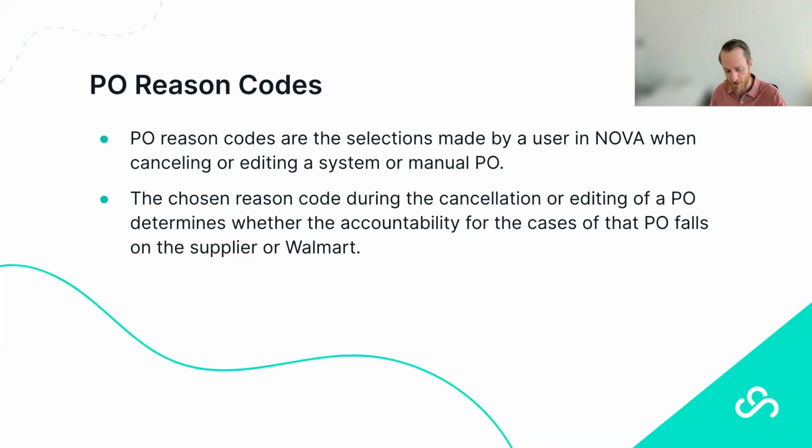The most common one that we see for canceled POs is supplier does not have product. It's a very simple thing to choose to say, I don't have the product. But it's a guarantee that if you choose that reason, you get the accountability. So it's definitely helpful to look at these other reasons, especially those assigned to Walmart, and see if one of them may apply and that you can use one of them.